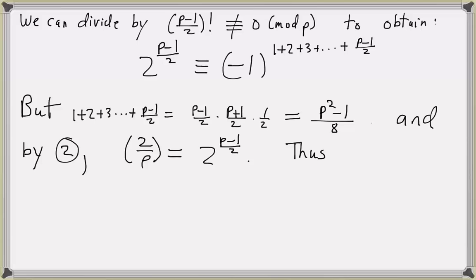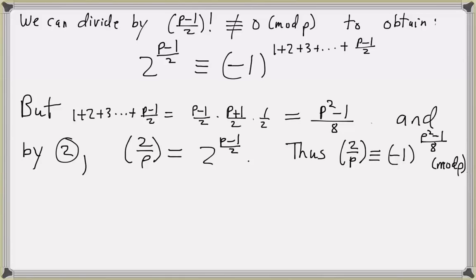Thus, the Legendre symbol (2/p) is congruent to negative 1 to the power (p squared minus 1)/8. So this is mod p.